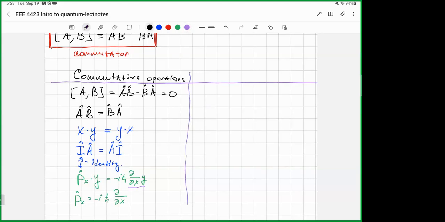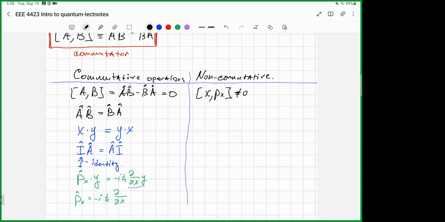And the second one is non-commutative operators. So as we just discussed, x and px do not commute, so the commutator is not equal to 0.